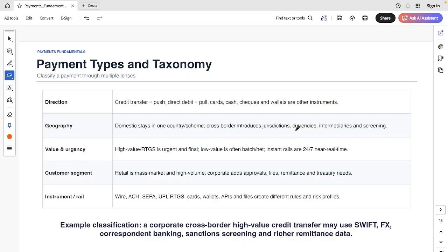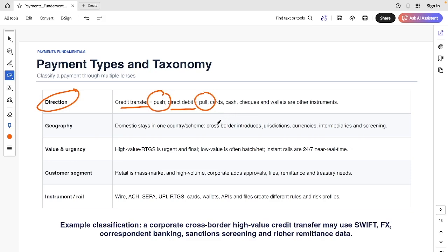Now let's classify the payments, because not all payments travel in the same way. Payments can be classified on the basis of various categories. On the basis of direction, we have the payment types called credit transfer and direct debit. Credit transfer means push, and direct debit means pull.